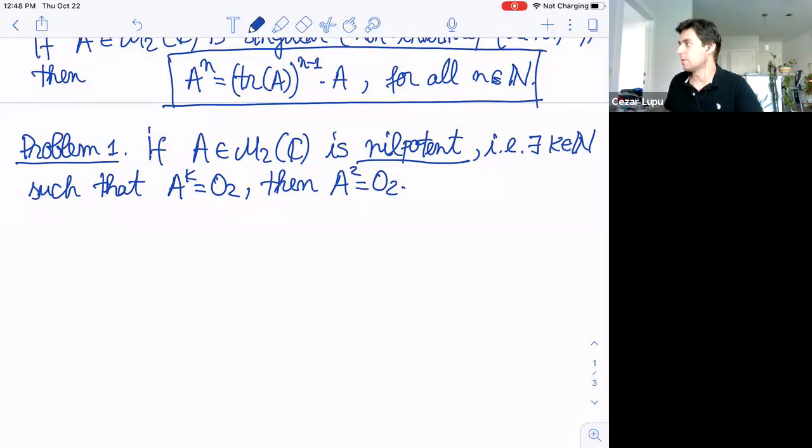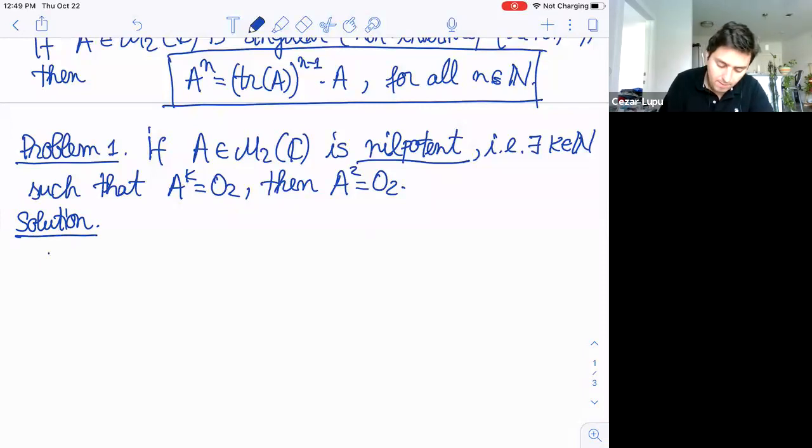So how would you approach such a problem? Clearly, if A is nilpotent, from A to the power k equals 0, it will follow what?